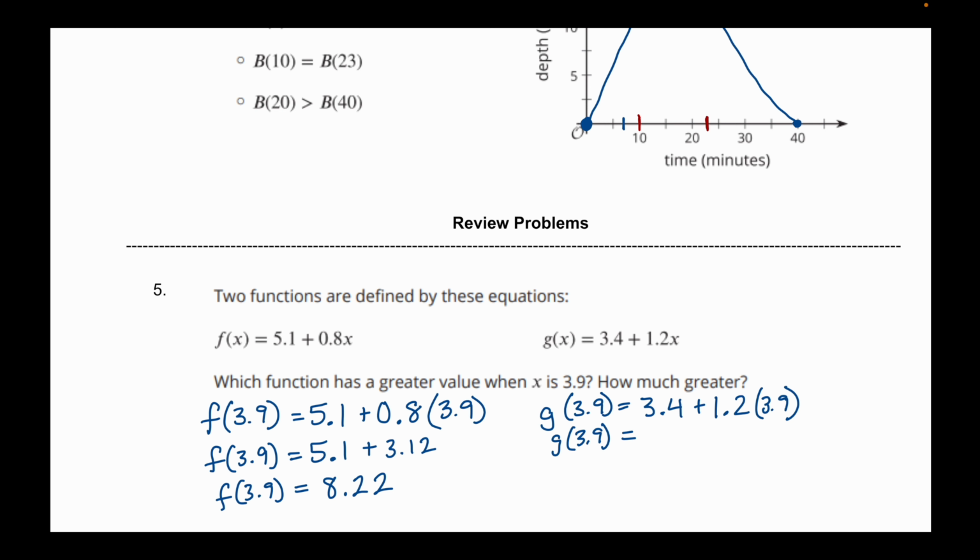I'm going to do that on a calculator. 1.2 times 3.9. That gives me, well, 3.4 stays the same, but the answer to this multiplication here is 4.68. So now we're going to take that answer and add the 3.4 to it. And that gives me 8.08.